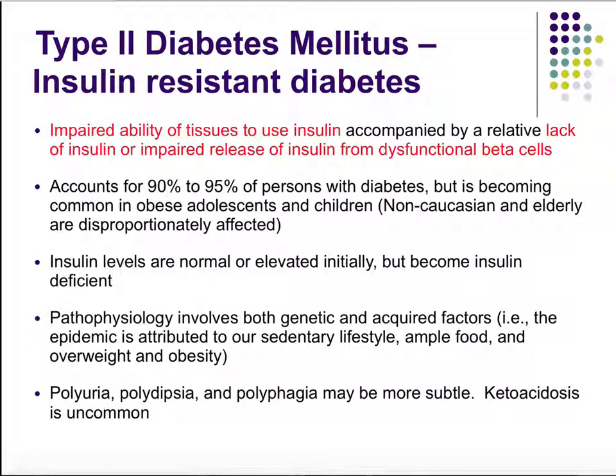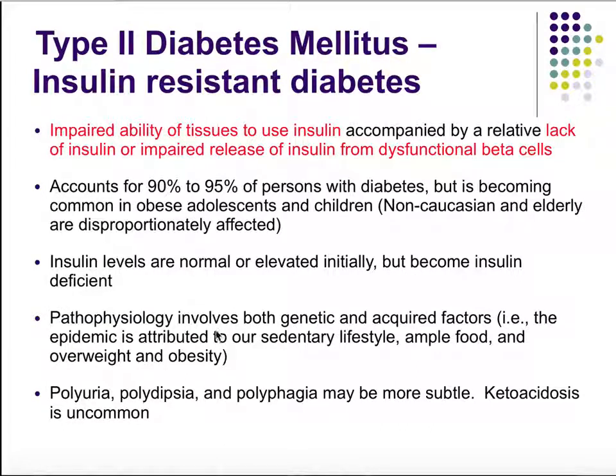It's just our tissues are not responding. And so as a result, our beta cells may produce more insulin to try to fix the problem as a way to compensate. And that's why we can actually get an elevated insulin. And then eventually, as our beta cells are working really hard to produce a lot of insulin, they can become dysfunctional and become insulin deficient as well.